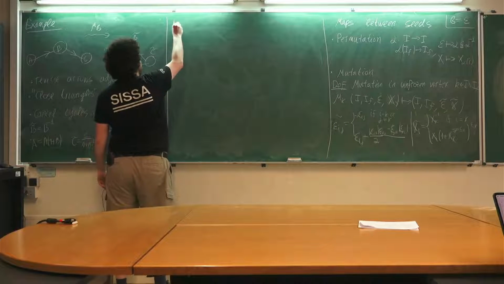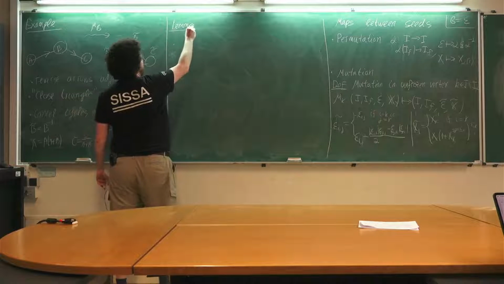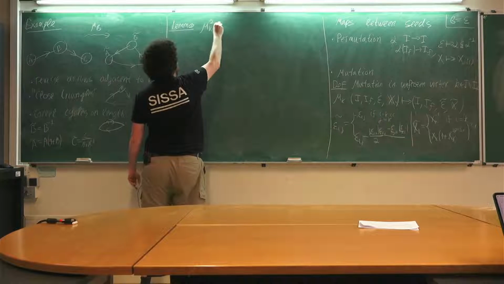A standard property of the mutation, a lemma, is that mu squared is equal to identity.